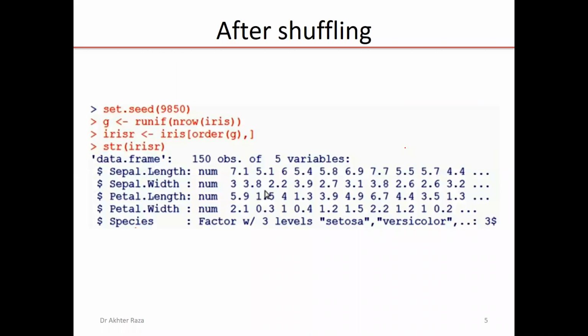You can see the output of these four commands: sepal length, width, petal length, width, species. Four are numeric and one is a factor.